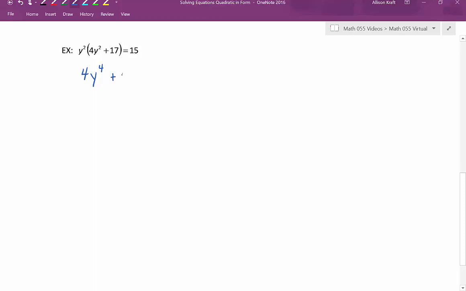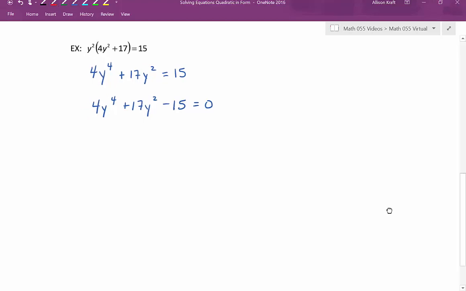Y squared times 17, that's plus 17y squared, equals 15. I'm going to set this equation equal to 0. We see that we have a 4th degree equation that is quadratic in form. My second exponent is half the first, and my third term is a constant. I can proceed with factoring this as I would any other quadratic trinomial.